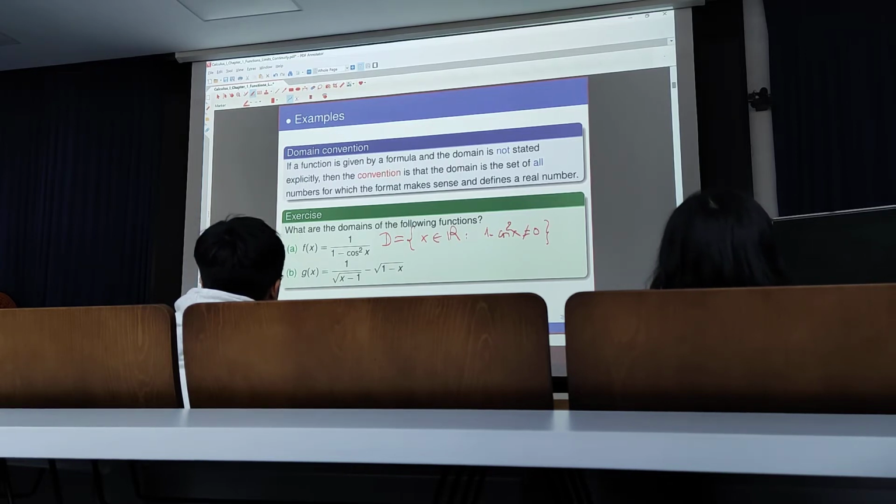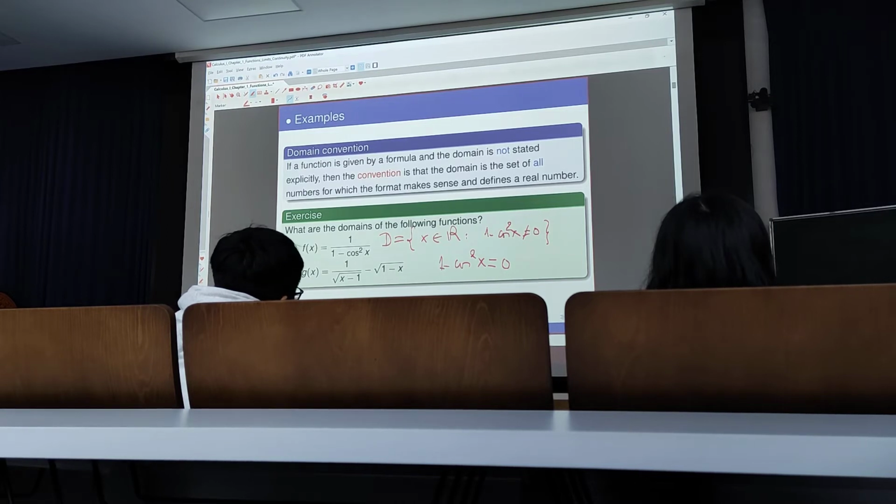For that, when you have an inequality, it's better to work on the equation. We find what makes this equal to 0, and then we remove all these points.